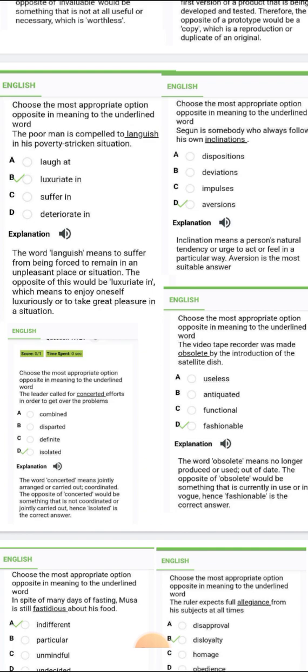But if you come to antonyms, you see 10-15 questions, and synonyms 15 questions, because they know definitely so many persons will fail this section. 70% of the persons writing the exam that day will fail antonyms and synonyms. So that's why they always add more questions from those places.